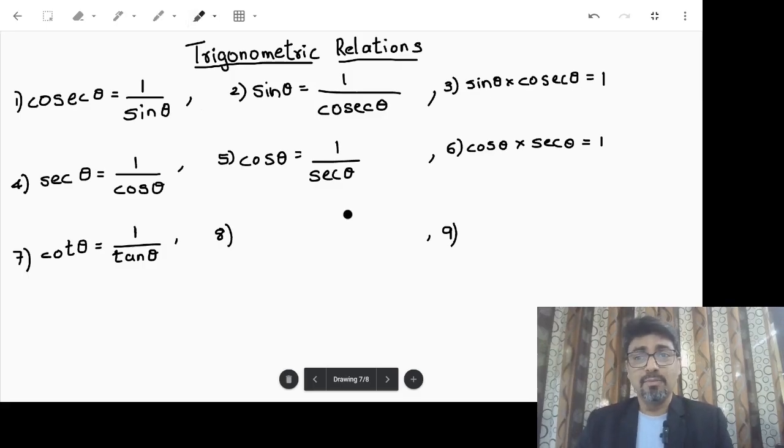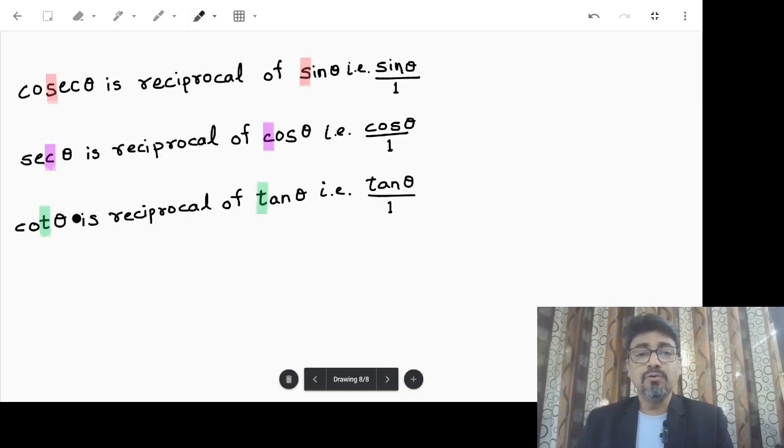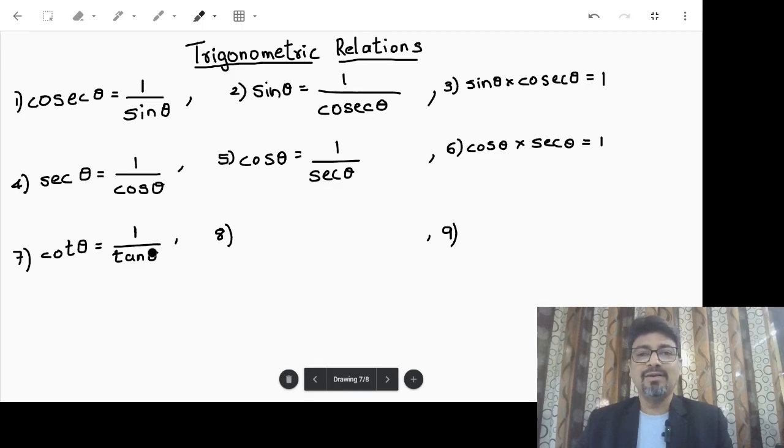And the third trigonometric relation is, we know cot theta is the reciprocal of tan theta. Same relation, third letter T, what starts with T is tan. So cot theta is the reciprocal of tan theta. Tan theta can be written as tan theta upon 1. Its reciprocal is going to be 1 upon tan theta. Cot theta is 1 upon tan theta. Again, interchange.